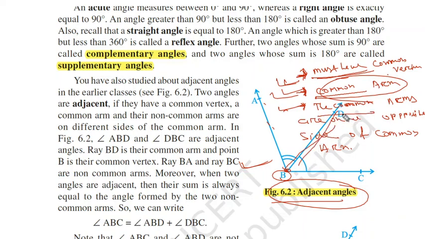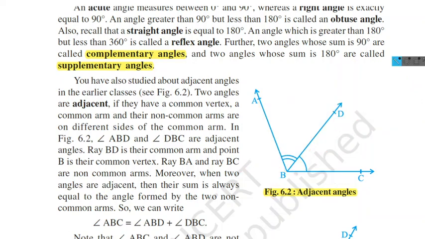The non-common arms are BC and AB, and they must be on opposite sides of the common arm BD. We can see BC is on one side and AB is on the other side. So these are the three conditions.